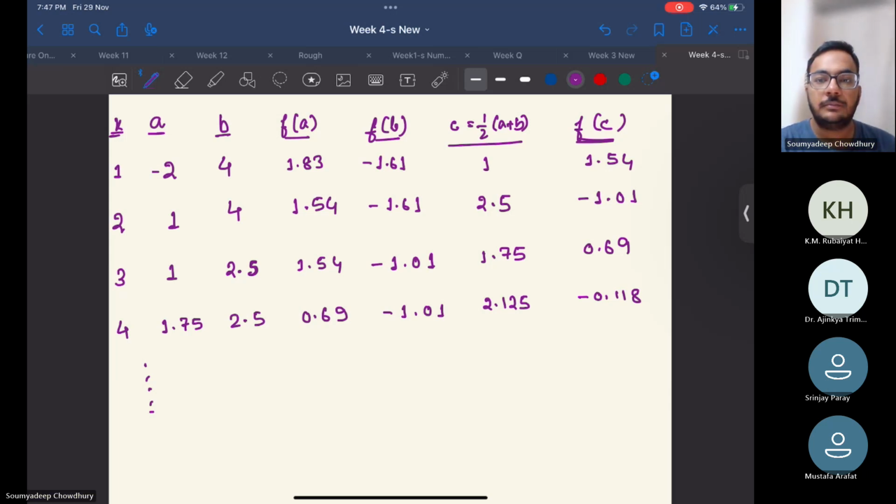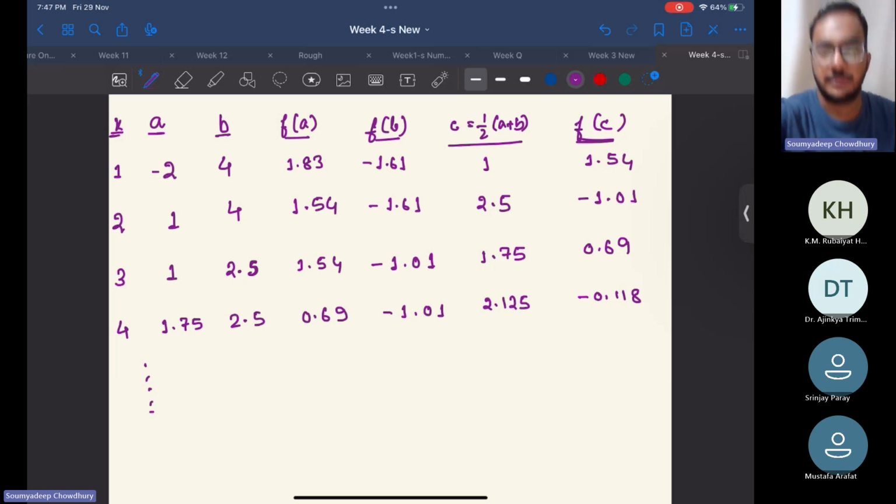Sorry, I'll share my screen first. Okay, so what we'll do is we'll first cover all the methods, then at last we'll see the MATLAB codes. Okay, that will be better, I think.